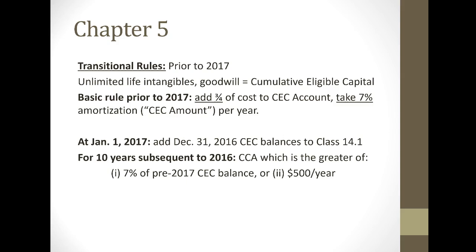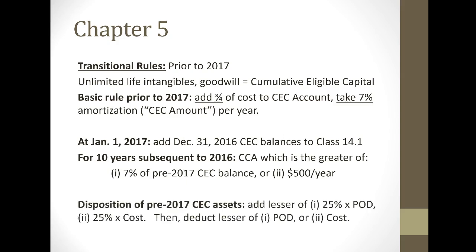Keep in mind, this is the greater of these two amounts. If a company had small amounts in their CEC balances at the end of 2016, rather than make them stretch it out by taking 7% per year, if it's $500, they can just deduct that full amount.